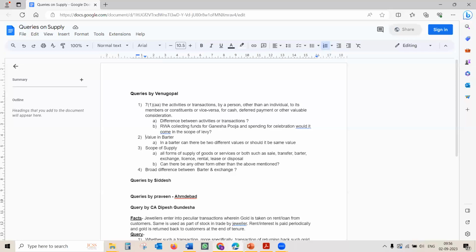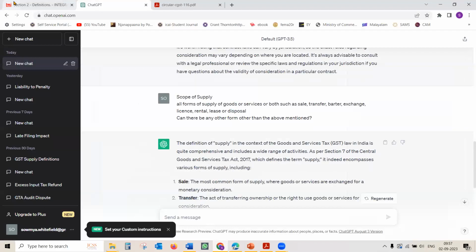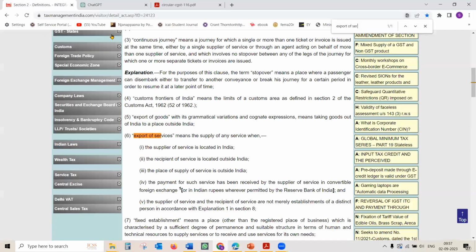It is not falling. But Schedule 1 item number 1 says that whenever there is a permanent transfer of a business asset, when I have taken the ITC, it is to be treated as a supply. Then the second question comes, what shall be the value? As per my understanding, Rule 30 will give the way to derive the value.